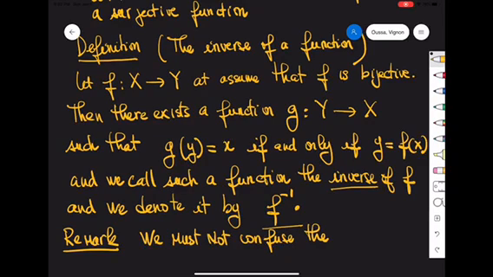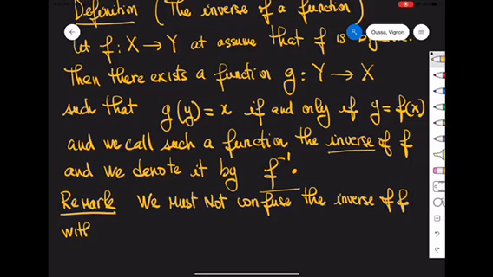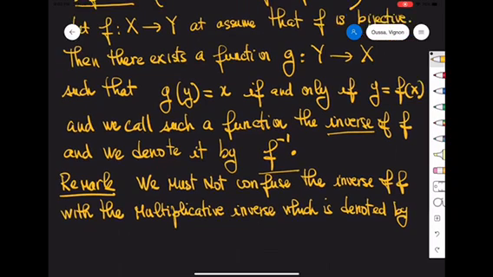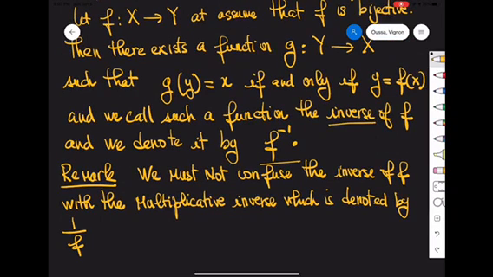the inverse of f with the reciprocal or the multiplicative inverse, which is denoted by 1 over f.